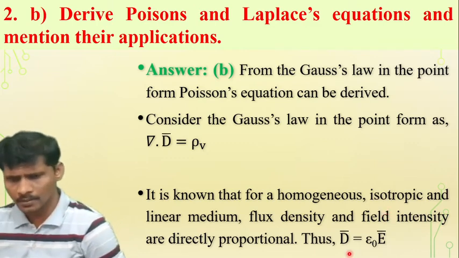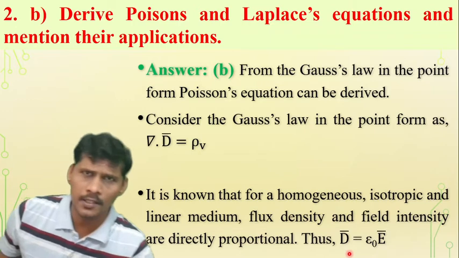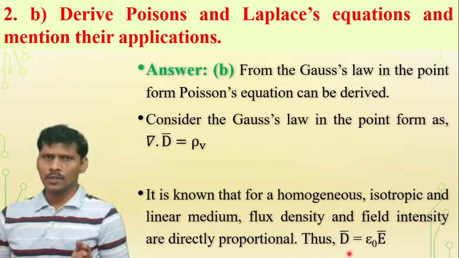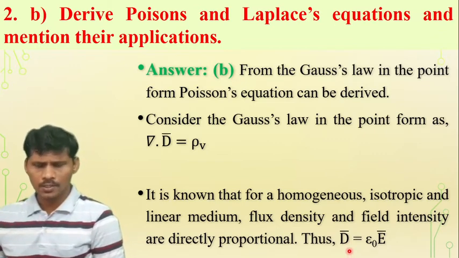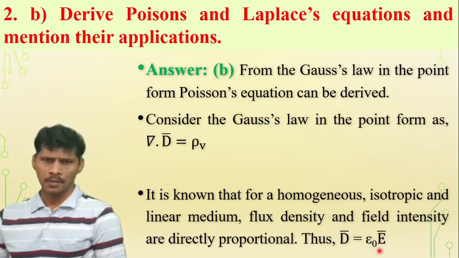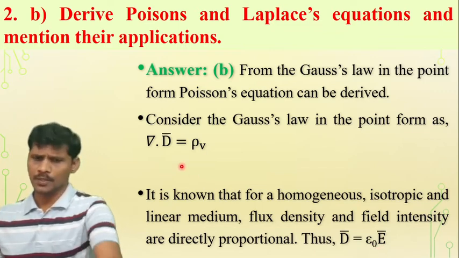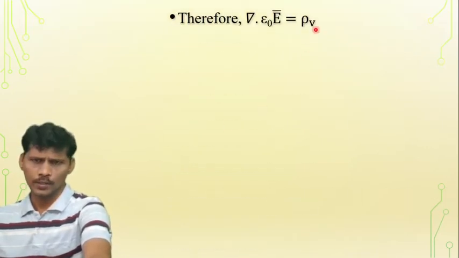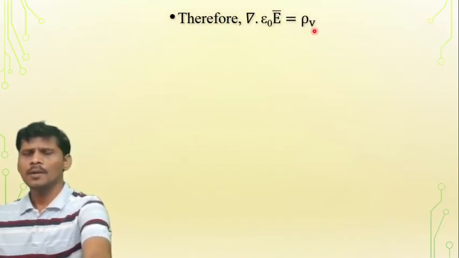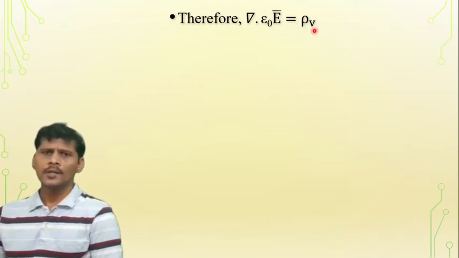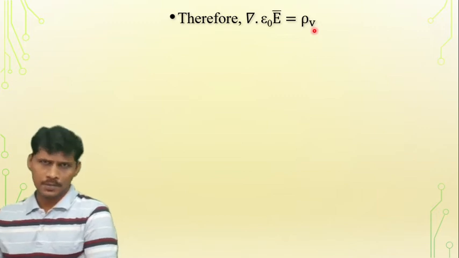Substituting this D bar value into the above expression, we get del dot epsilon naught E bar is equal to rho v. Epsilon comes to the RHS, so del dot E bar is equal to rho v by epsilon.